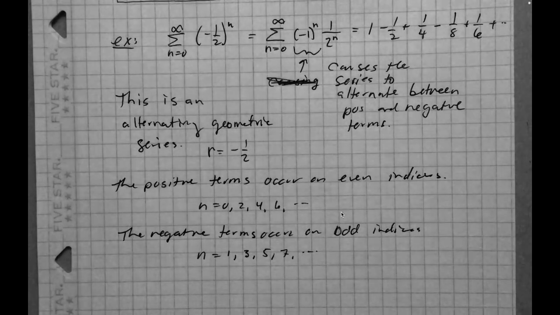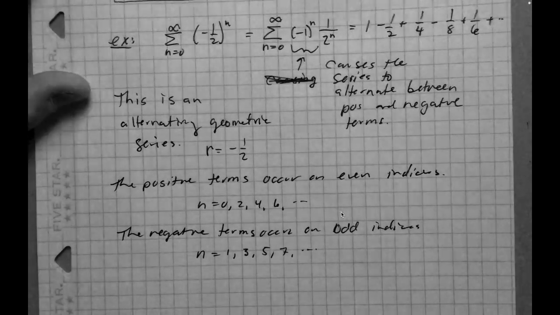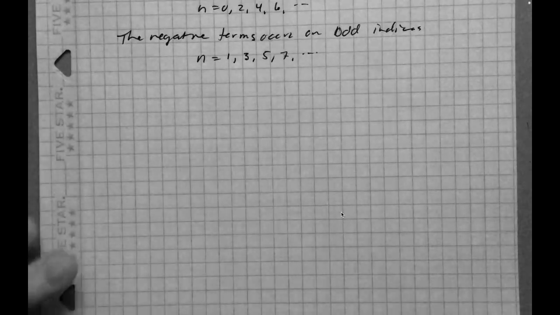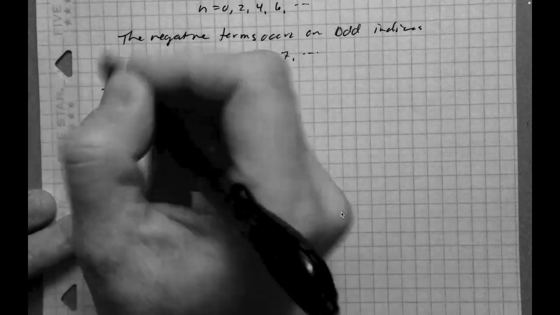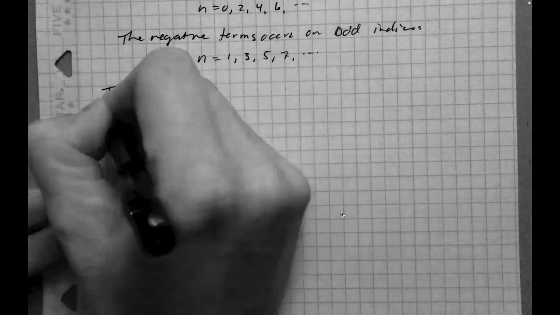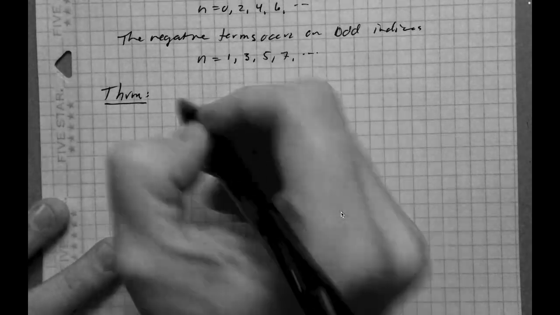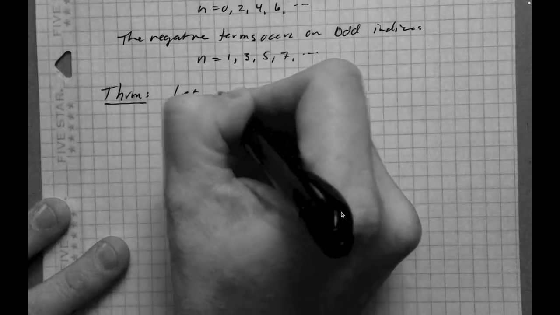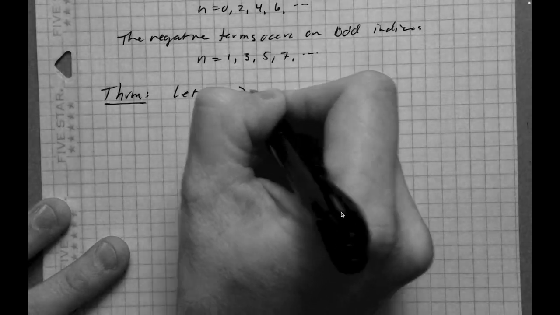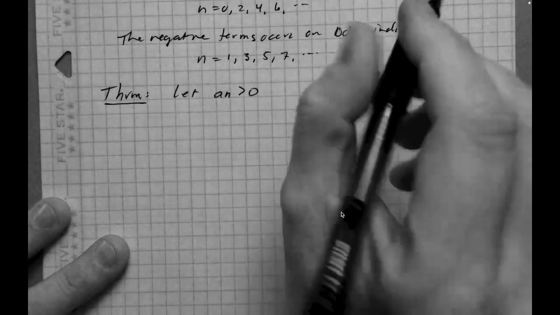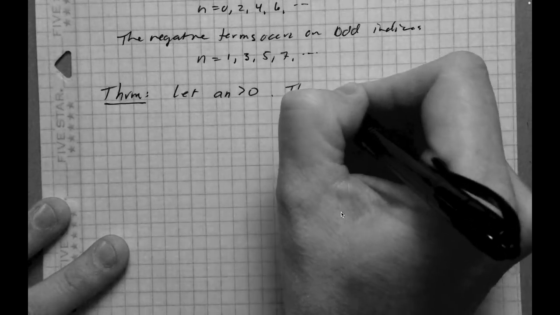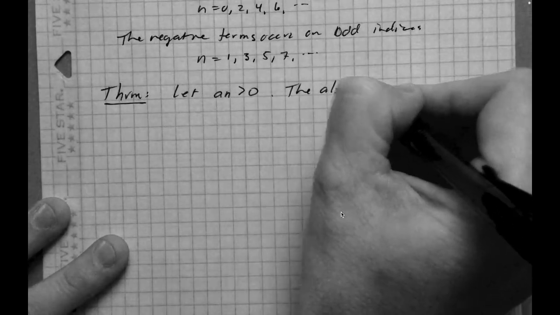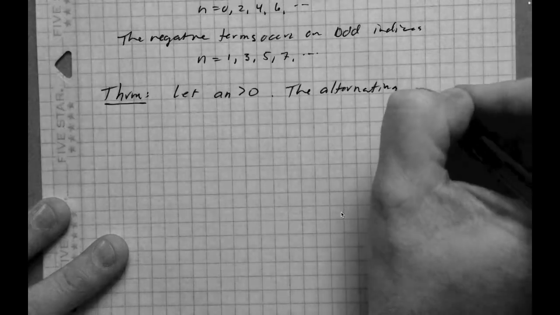Okay, let's talk about when an alternating series converges. Let's get a nice test out here. For this theorem, let a_n be a positive value. Then the alternating series.